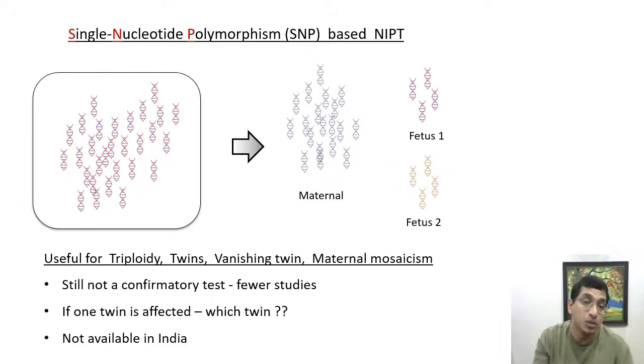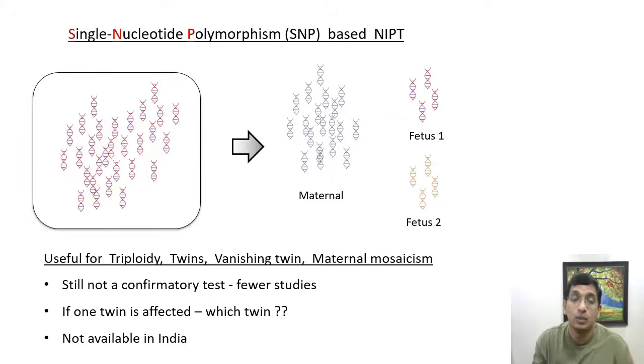So it can be used even in conditions like triploidy, it can be used in twins, in vanishing twins, and even theoretically in maternal mosaicism you should not have a problem because fetal DNA is tested separately from the maternal DNA, it is isolated.